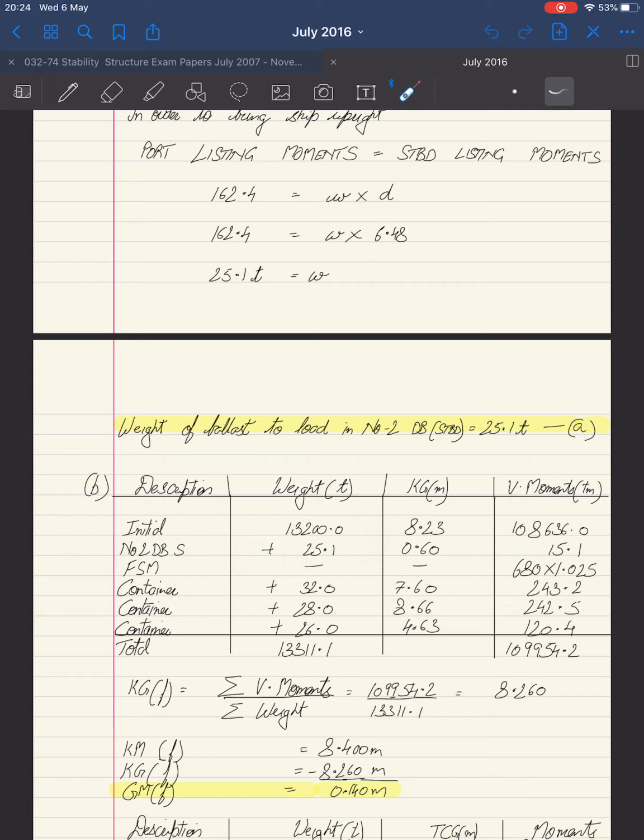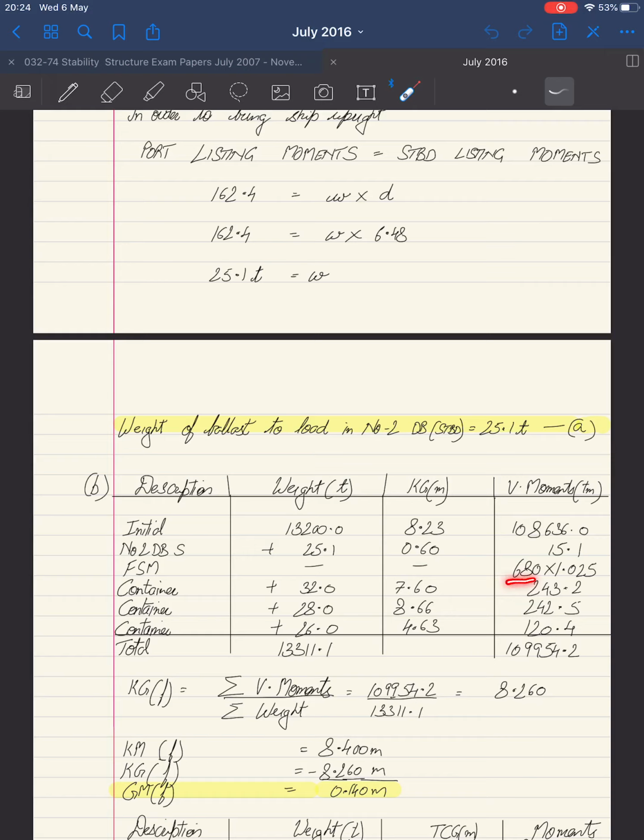Now, since these tanks were initially empty, when we have loaded this amount of water inside the tank, it gives free surface moment. So we need to add the free surface moment which has been induced because of number 2 DB tank starboard side. There is no weight with respect to free surface moment, there is no KG.